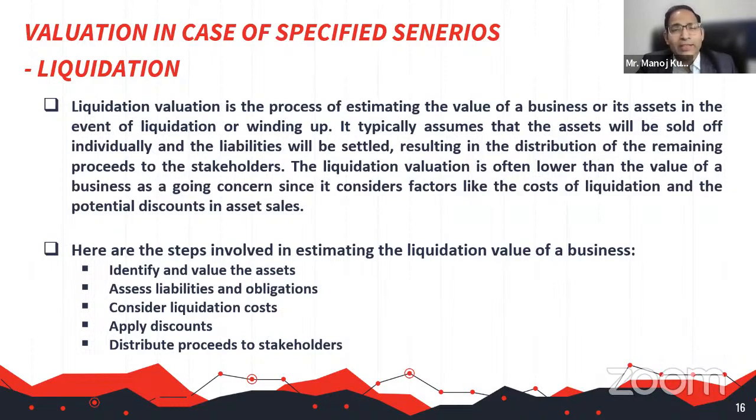In such cases, obviously the net asset value is the best method to determine the value. If the situation is a forced or stressed situation, then a high discount will be applied to the fair valuation of the assets. But otherwise, replacement cost can also be a fair valuation for the liquidation.